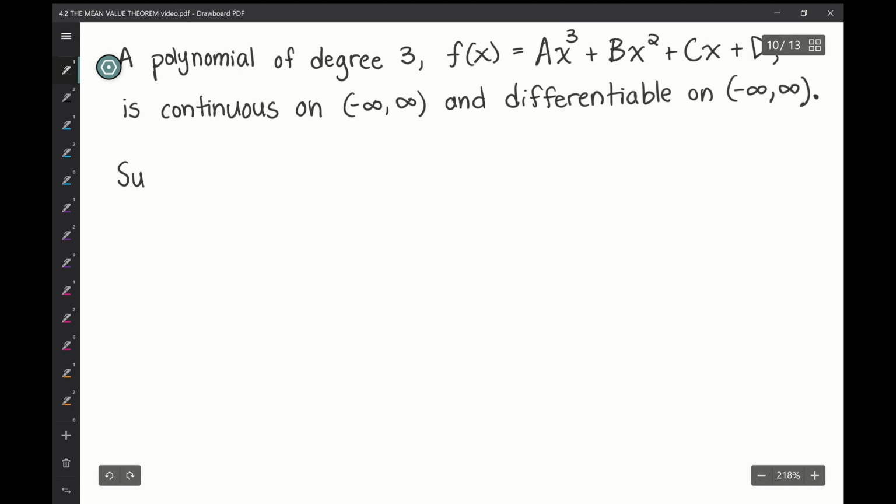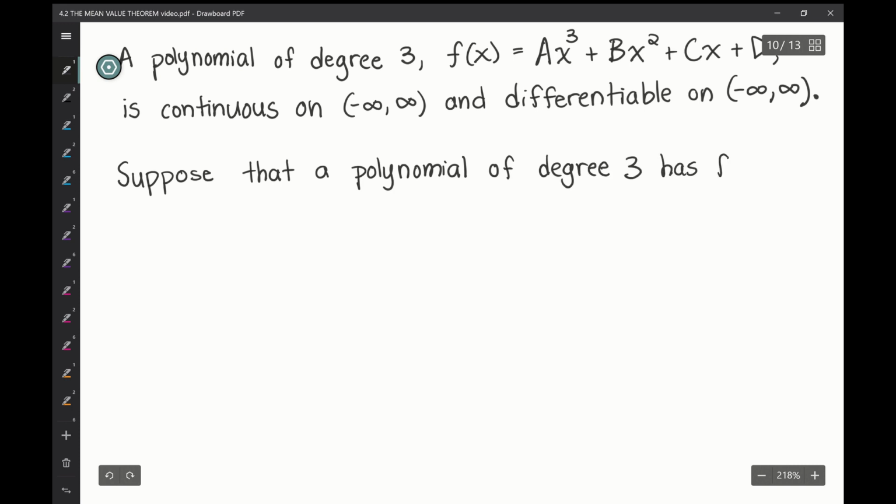So suppose that a polynomial of degree 3 has 4 real roots. Again, we know this isn't true.